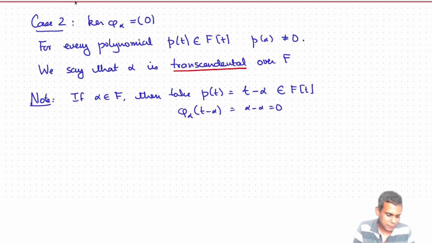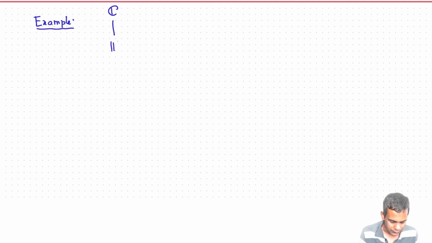Let's look at some examples. So the simplest example would be to look at the complex numbers over the real numbers. That's a field extension that we are all very familiar with. So look at complex numbers over real numbers. And now we have some alpha belonging to the complex numbers. We can assume that alpha is not in the real numbers.